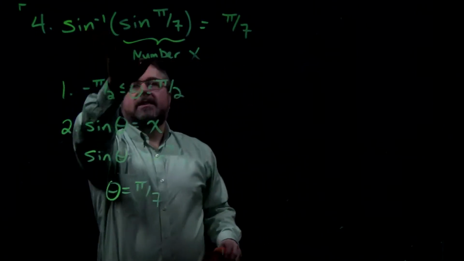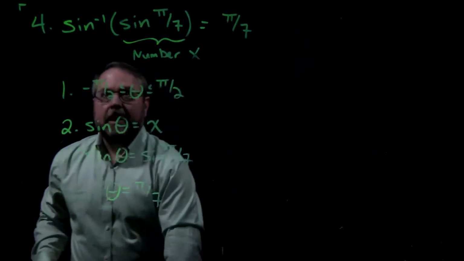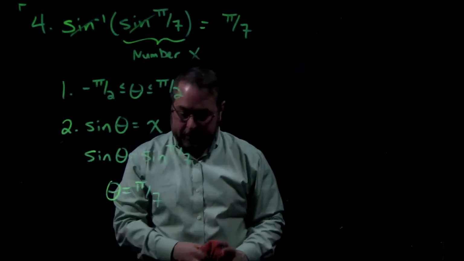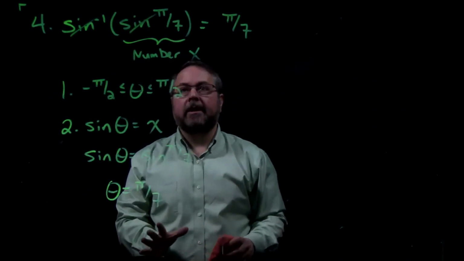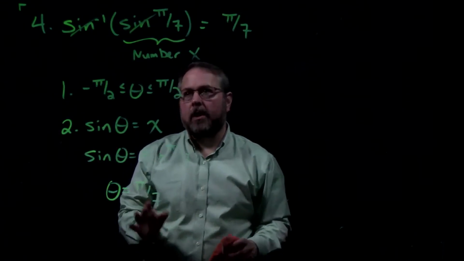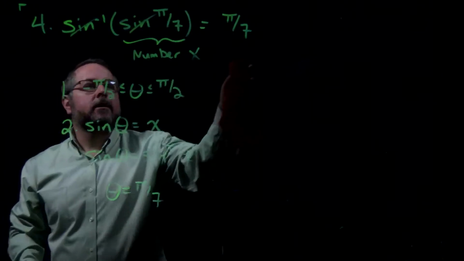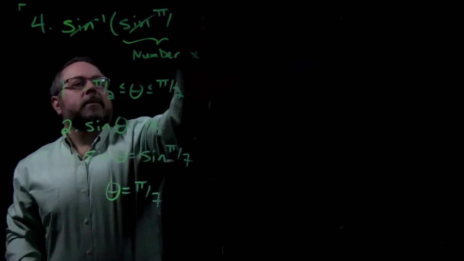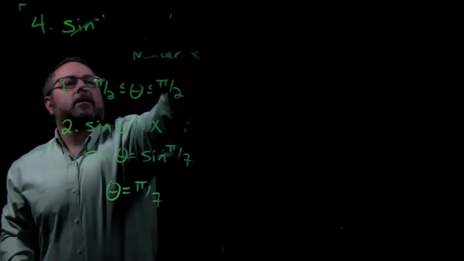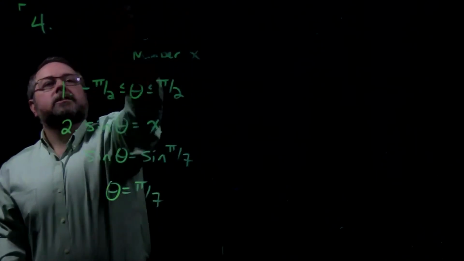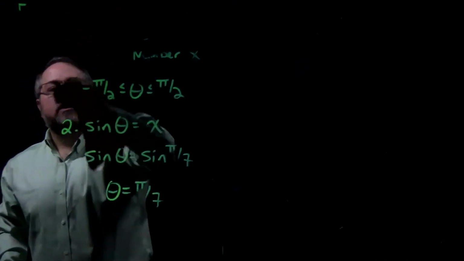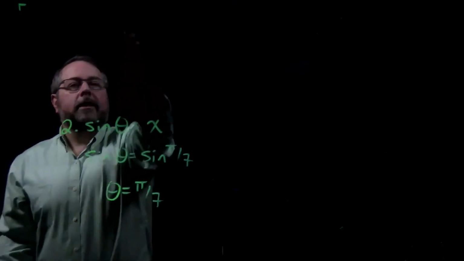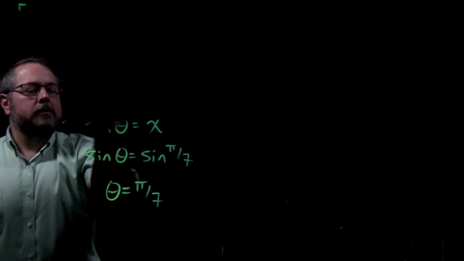Okay, so here we see another situation where it kind of looks like the inverse trig function and the trig function cancel each other out. And they do to an extent. But just like with the last examples, we have to be careful about that and keep domains and ranges under consideration and don't just cancel the trig function and the inverse trig function out.